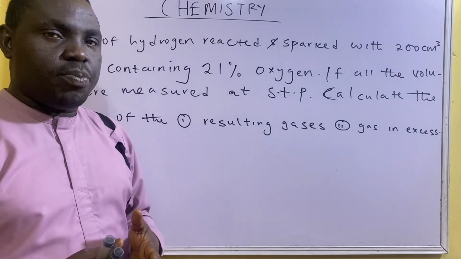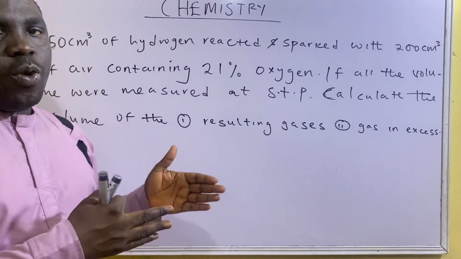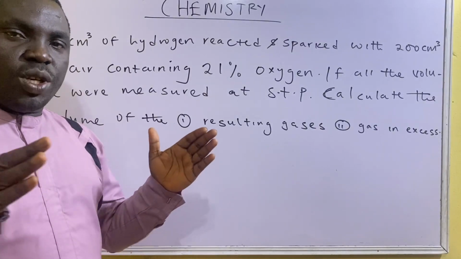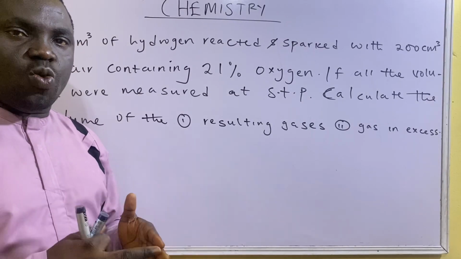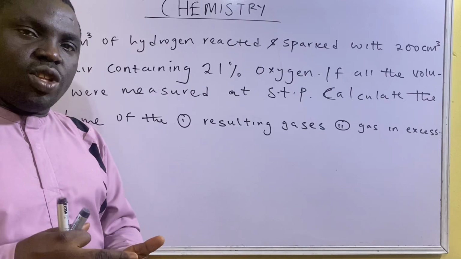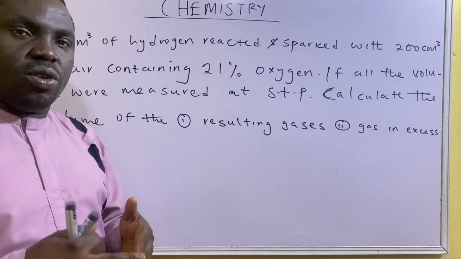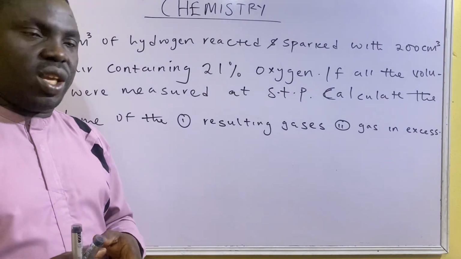Gay-Lussac's law states that when gases react, they do so in volumes which are in simple ratio to one another and to the volume of the products, if gaseous, provided temperature and pressure remain constant.